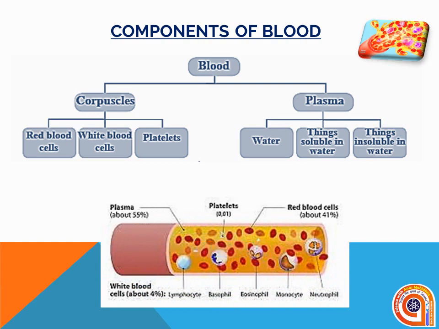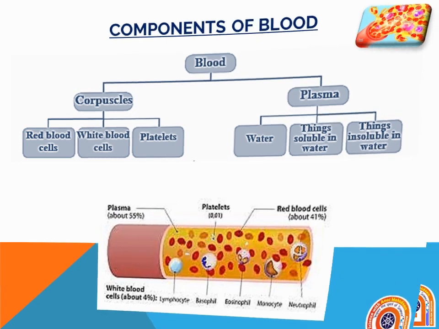So there are some components which could be dissolved in water, they are the things soluble in water, and which are not dissolved are the things insoluble in water. Plasma is mainly water. So these parts we are going to take one by one.